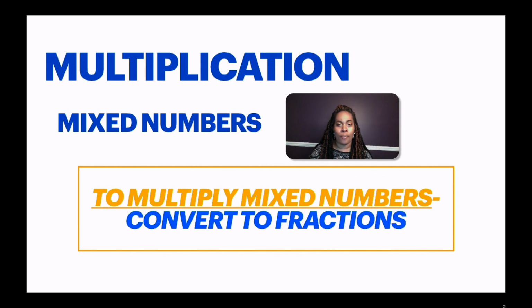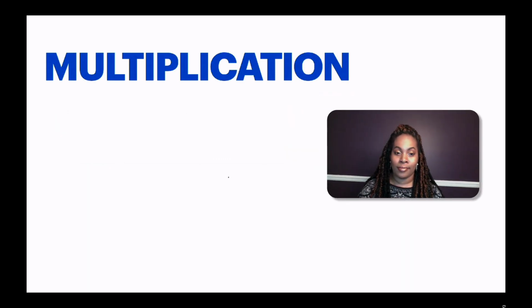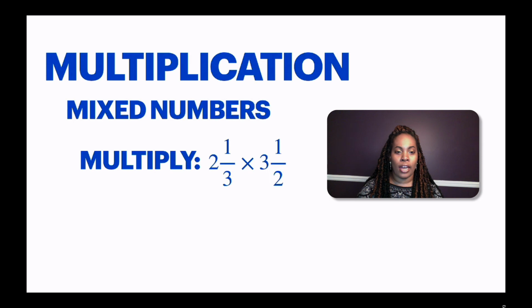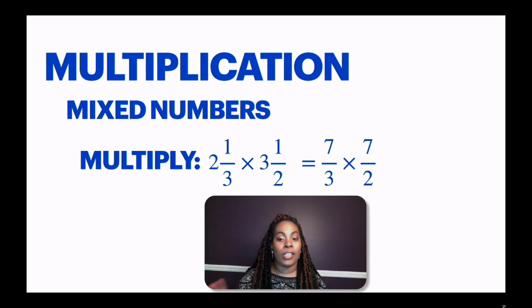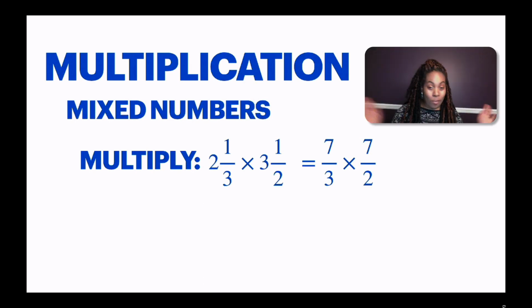Now let's give an example and see how this looks. We're going to have 2 1/3 times 3 1/2. Remember, we're going to start by converting first. That means we're going to have 7/3 times 7/2. Now, we can multiply anything times anything, right? And how do we multiply?